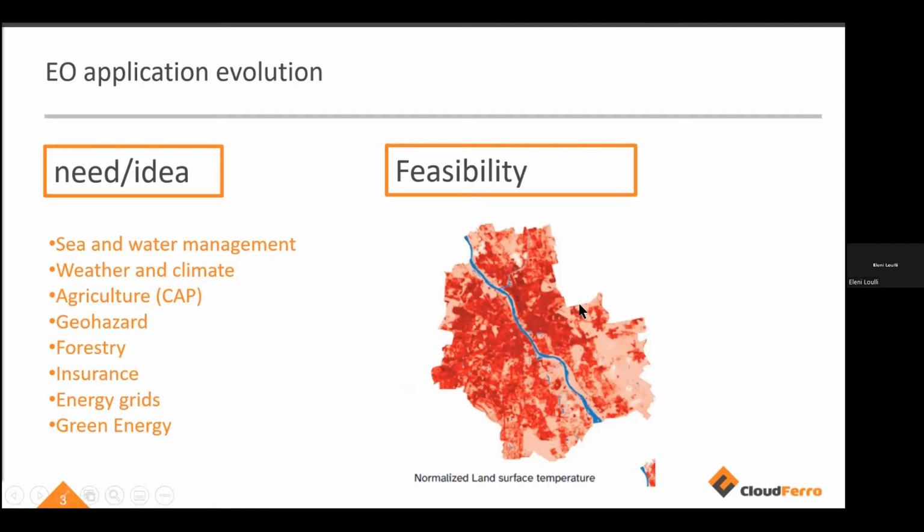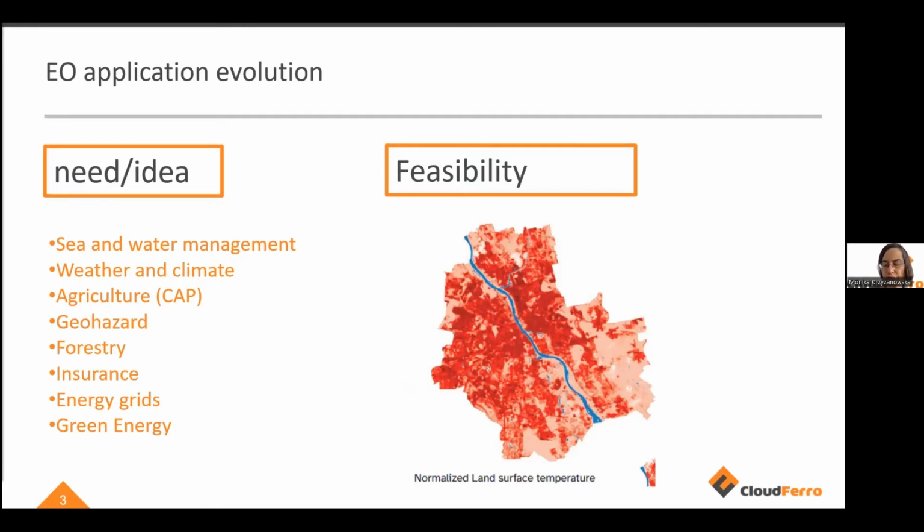On the right part of the screen, you see a small example done by one of our students during his internship. It's a map of Warsaw with normalized surface temperature. He was trying to decide if we can help to select plots where it would be nice to plant trees to make the environment a bit cooler.